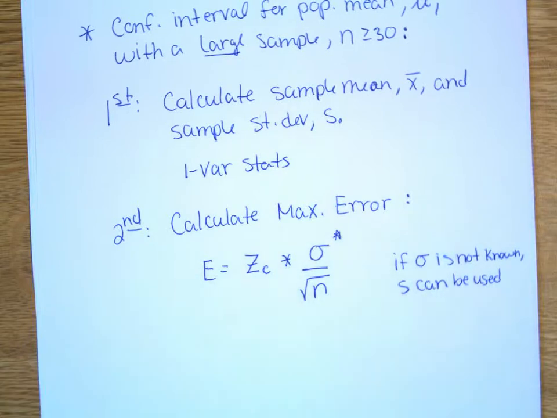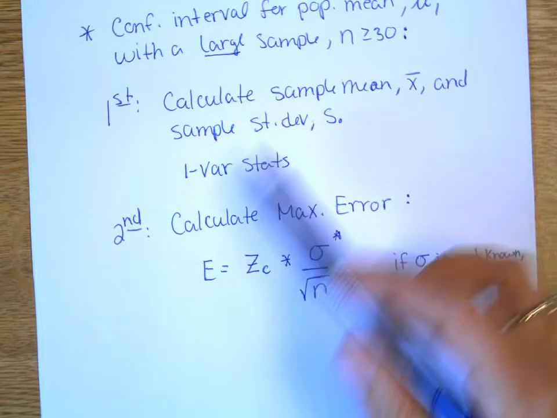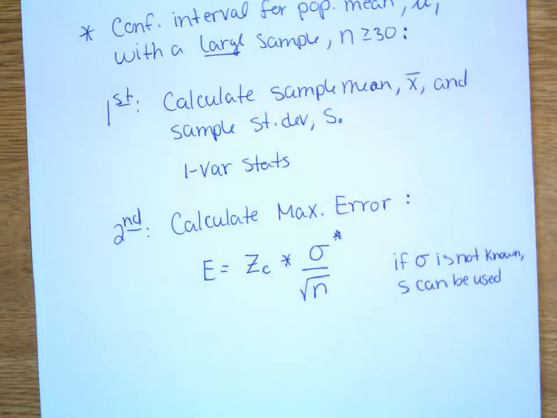Because when we're done, this is an estimate we're giving. And you know when you look at one var stats, that sigma and that S are usually fairly close to each other. So that's why we can substitute S in there, because this whole process is giving us an about interval. So we don't need to be super exact there.